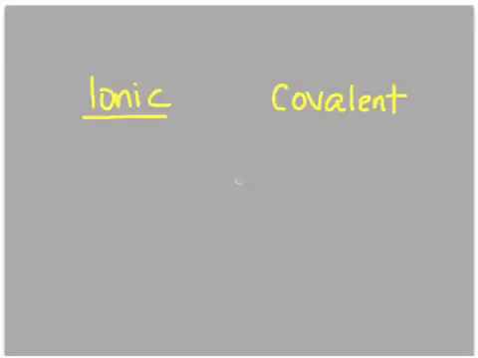Before we get started, let's do a quick review of section 3.1, where we talked about ionic compounds and covalent compounds. There were two things we mentioned about them. The first was what bonds together in them. In an ionic compound, the bond is formed between a metal and a non-metal.